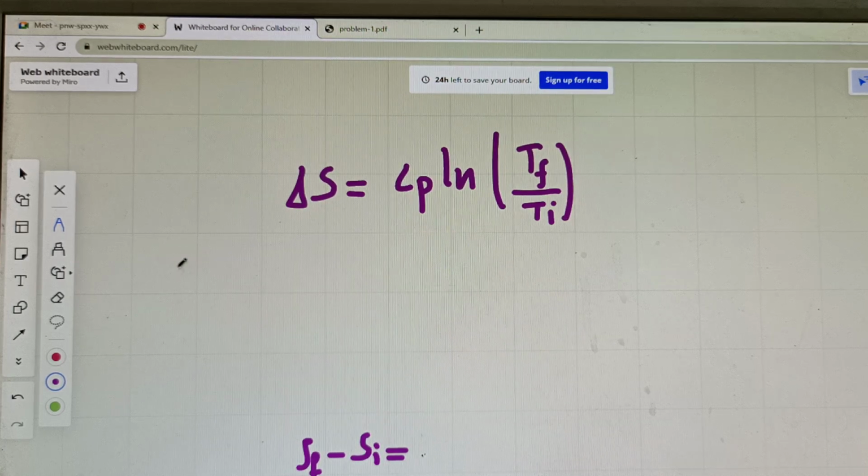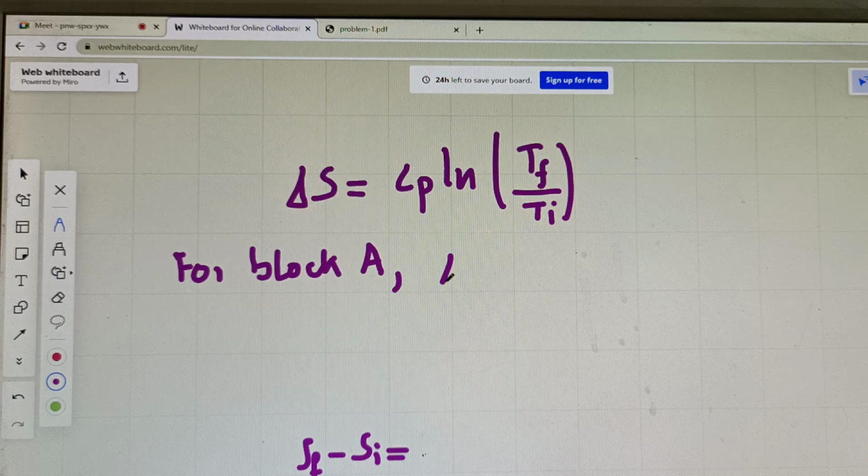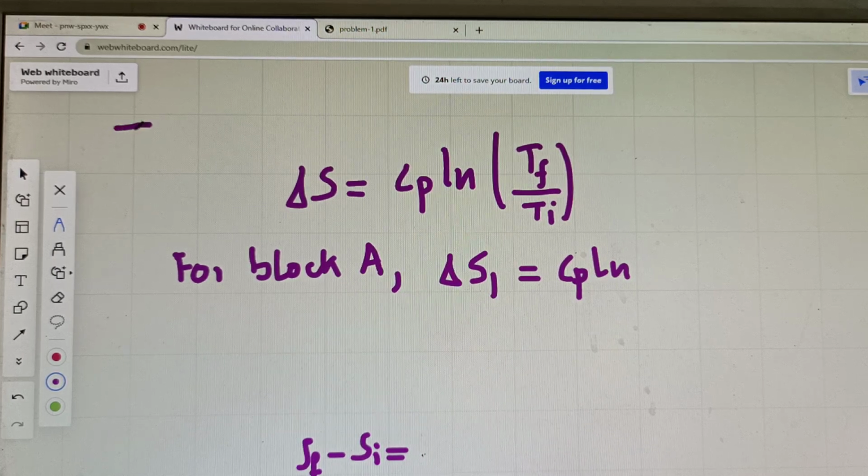Now for block A, suppose the entropy change is delta S1. So for block A, delta S1 will be Cp ln Tf, where Tf equals T1 plus T2 by 2.